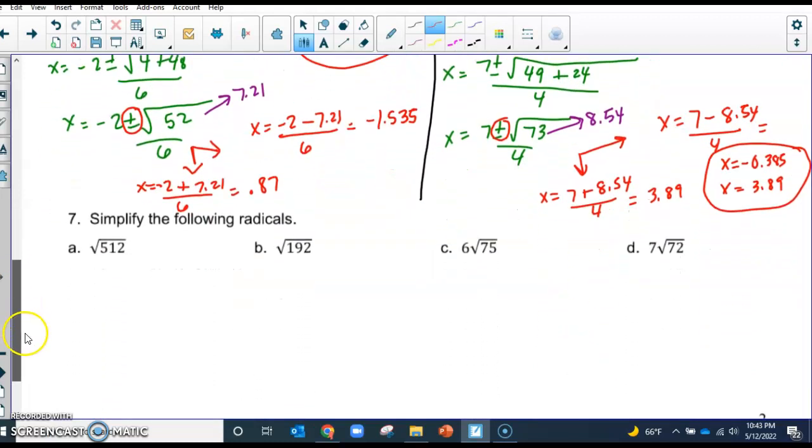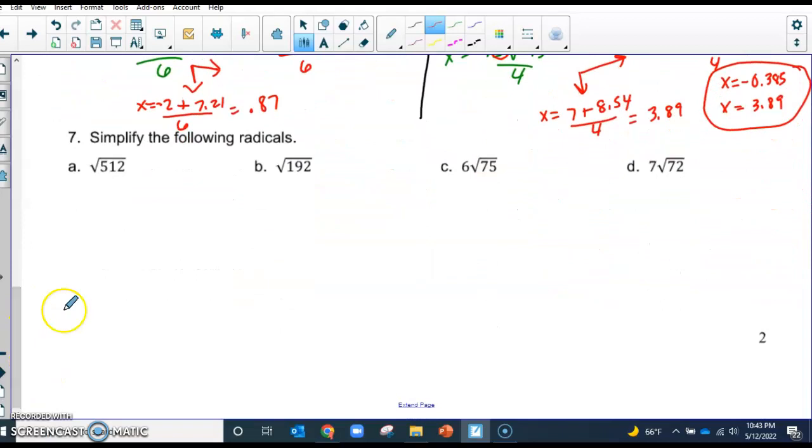The last part of page 2 is simplifying radicals. Something we have to remember when it comes to simplifying radicals are perfect squares. So I've got 1, which would be 1 squared. I've got 4, 9, 16, 25, 36, 49, 64, 81, 100, 121, 144.